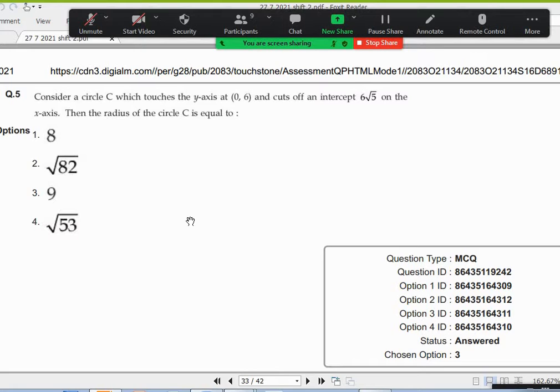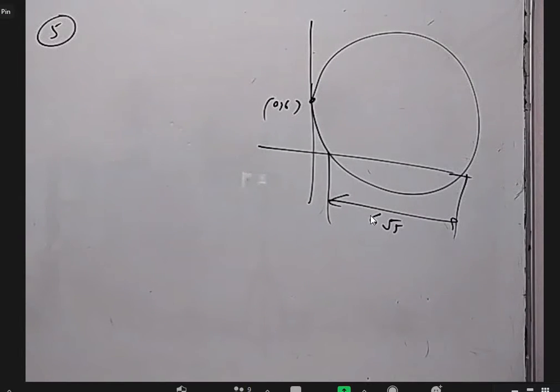It touches the y-axis at (0, 6) and the x-intercept is 6 root 5. Like this is (0, 6) and this length is 6 root 5. This is from the figure.